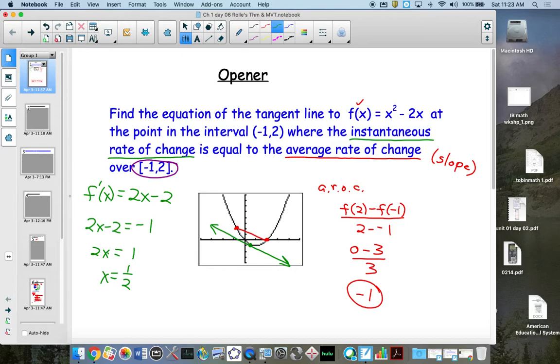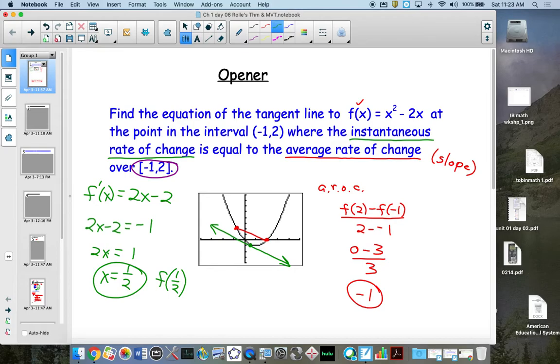So let's reread this: find the equation of the tangent line. Okay, so we need to get the equation of this green line. We know the x value is 1/2. We need to find the y value. So we need to do f of 1/2, not f prime of 1/2. We know f prime of 1/2 equals -1.